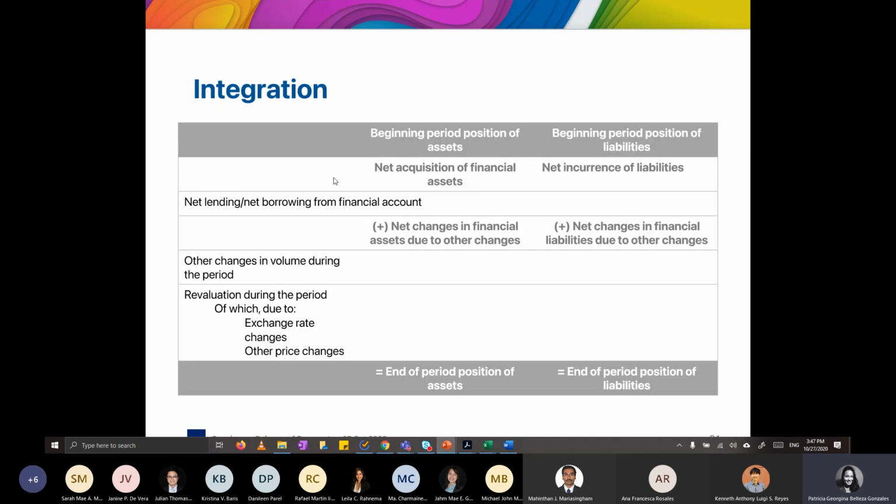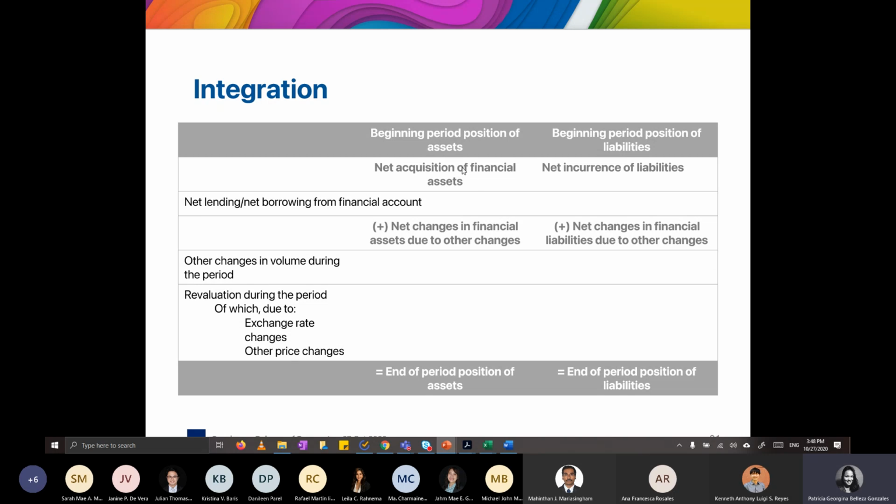So integrating the whole thing, we see here that from a while ago, we derived this net acquisition of financial assets and net incurrence of liabilities. Here we also have net changes in financial assets due to other changes, which include changes in volume or changes in value under these two sub accounts here, and then changes in value due to these types of changes here.